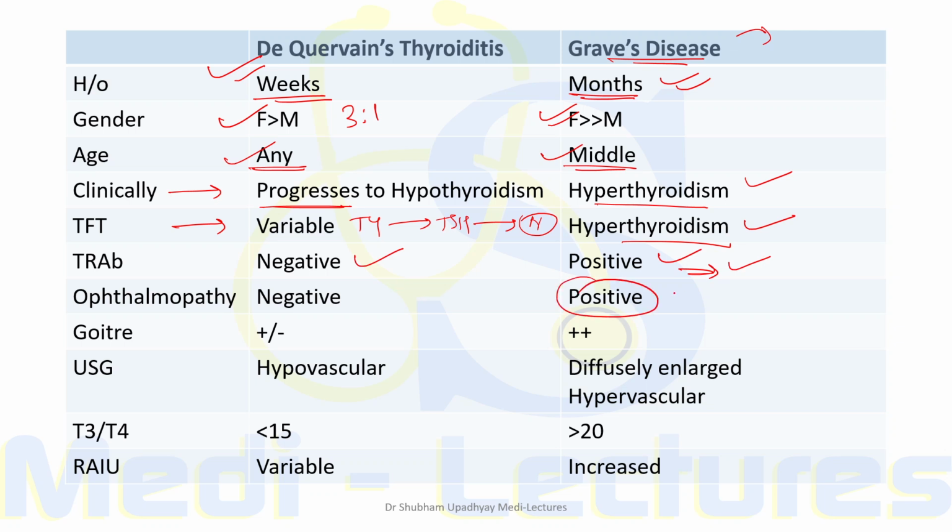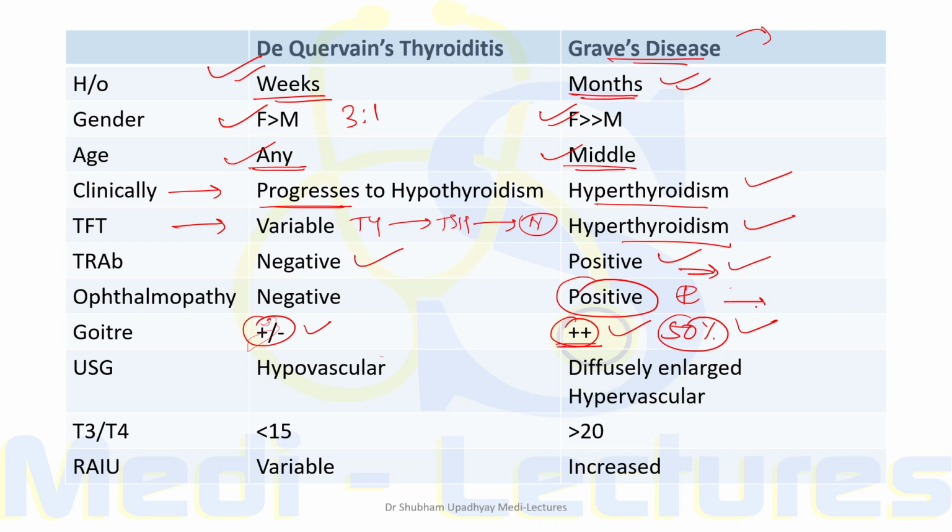Ophthalmopathy is diagnostic of Graves' disease. A small goiter can be seen in thyroiditis, or it can be absent, but a diffuse symmetrical goiter is commonly seen in Graves' disease, though not in 100% of cases. About 50% of Graves' disease cases have goiter.